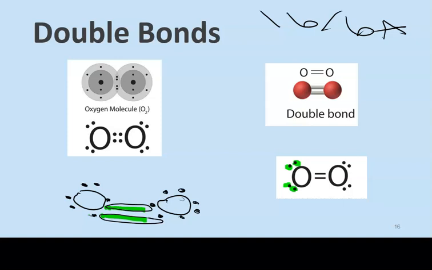So I've gotten up to 4, 6, 8. Great, so this one's all full. And again, I'll count again. 1, 2, 3, 4, 6, and 8. Because each line in a bond represents 2 electrons.